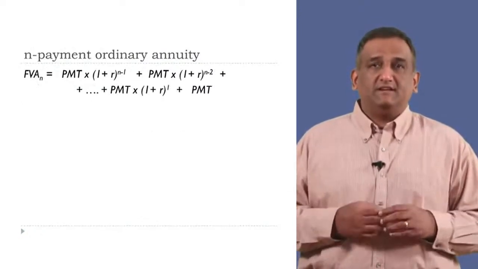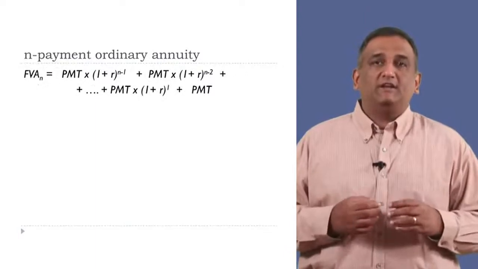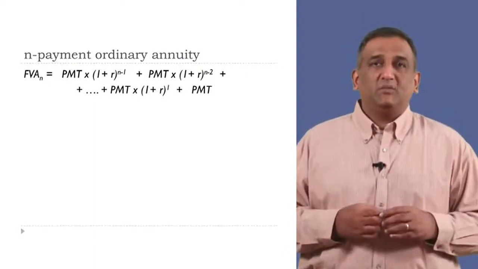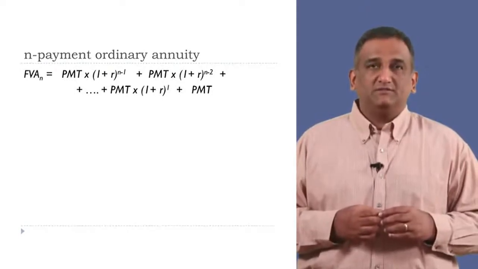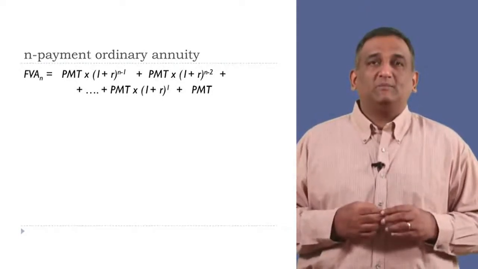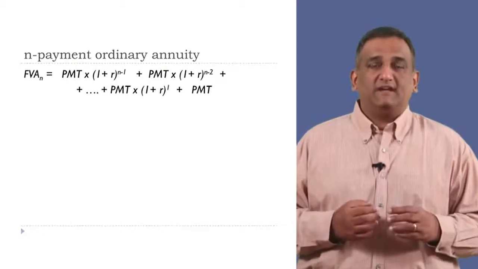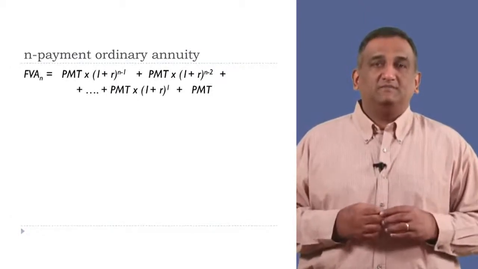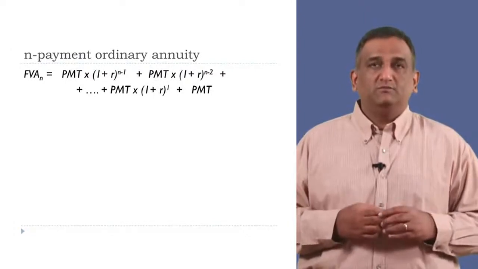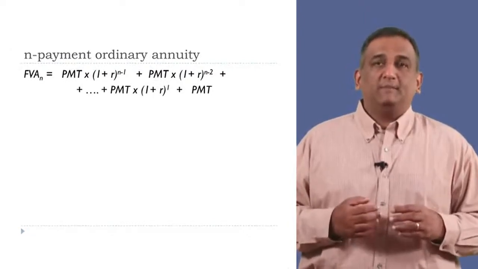This can be extended to an n-payment ordinary annuity, in which case we have FVA sub n, which equals PMT times (1 plus R) raised to the power of n minus 1 plus PMT times (1 plus R) raised to the power of n minus 2, and so on, plus PMT.